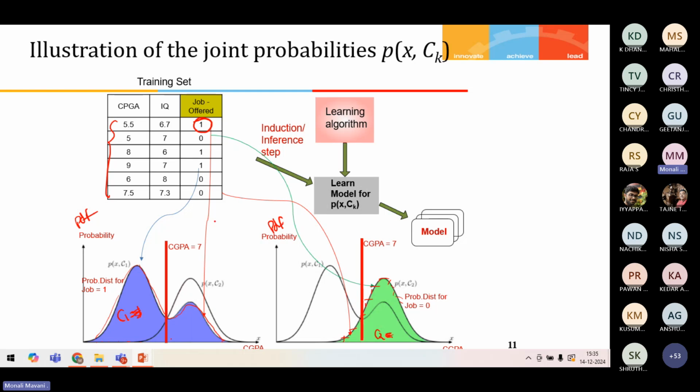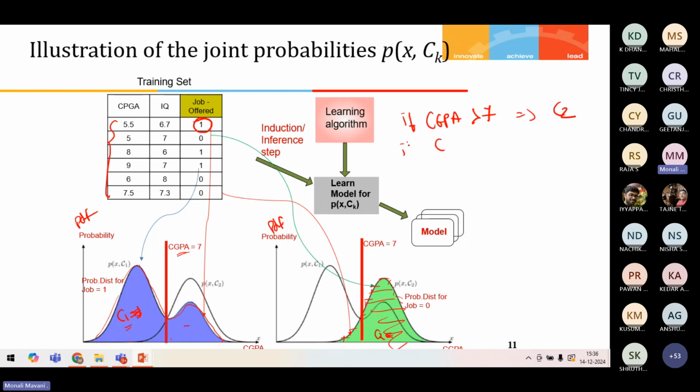Now coming back to a machine learning problem, say our model is predicting with a CGPA of 7 as a cutoff. Anybody having CGPA less than 7 belongs to class C1, and anybody having CGPA greater than 7 belongs to the green class. That's what my model is predicting. If CGPA is greater than 7, then class C2.